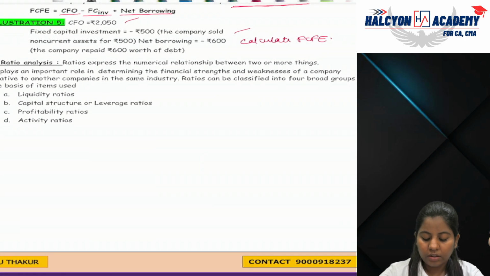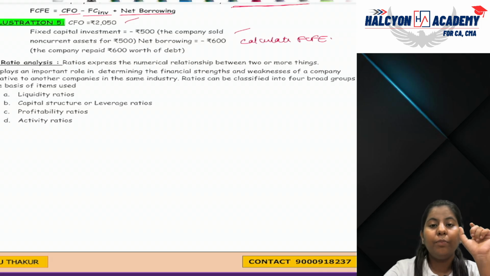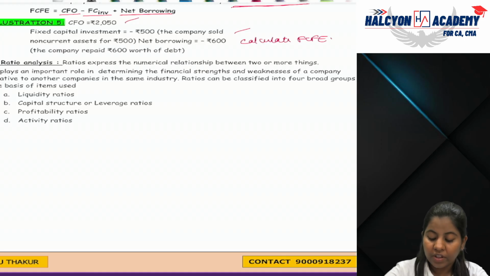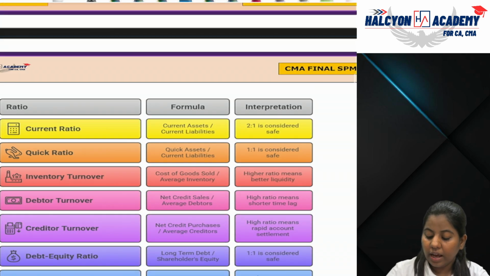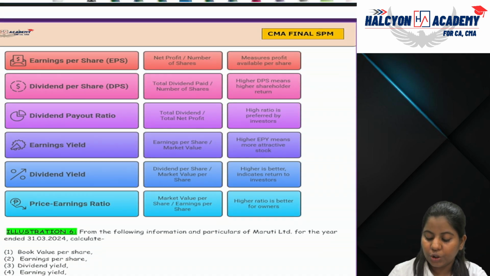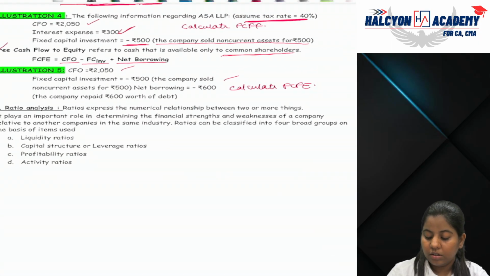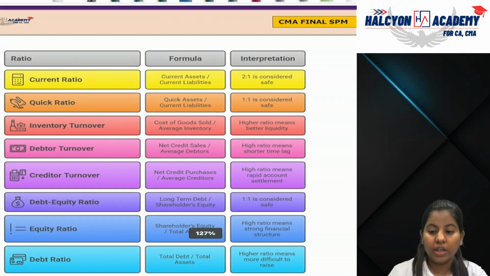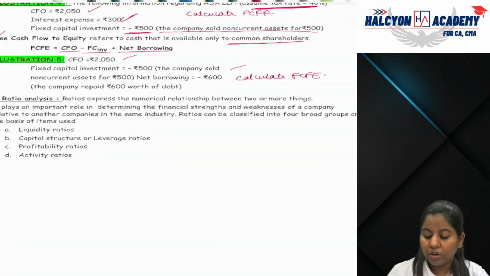First, liquidity ratios, which show the liquidity position of an organization. We will learn all the ratios in detail. Here I have given you all the possible ratios which are important for your exams. For now, just understand there are four classifications.